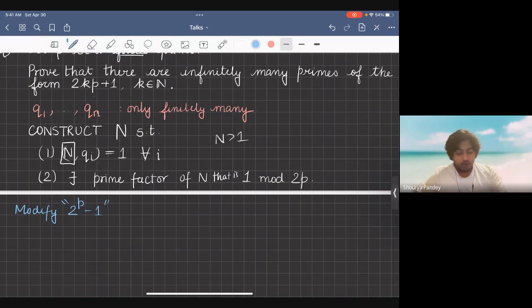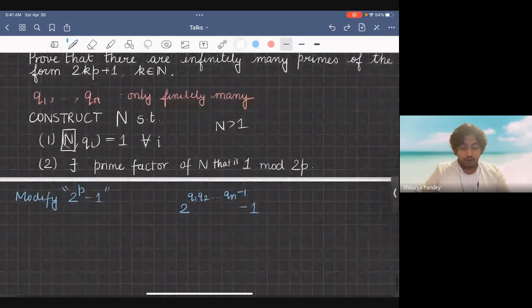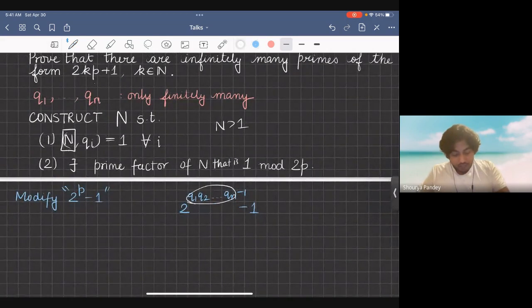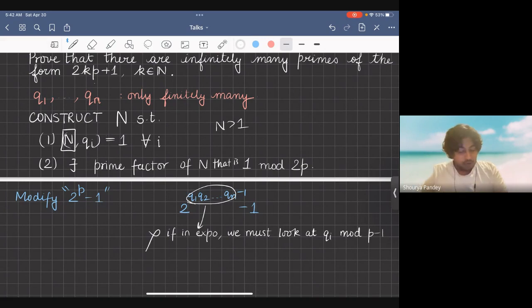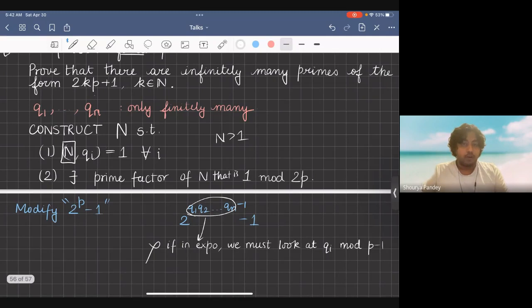So this actually gives us a good idea, because the point is that if you put this in the exponents, then we must look at the qi's mod phi of p, but that's not relevant because our QIs are actually 1 mod 2p.